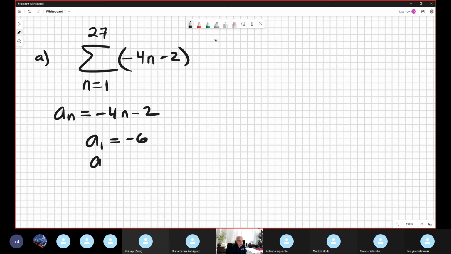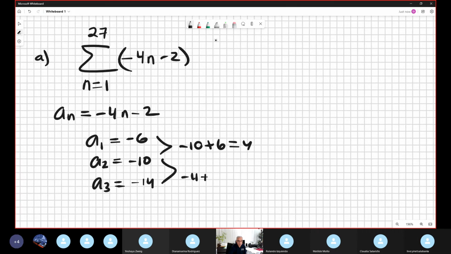For n equal 2, it's negative 10. For n equal 3, it's negative 14. When you subtract, negative 10 plus 6 is negative 4, and negative 14 plus 10 is negative 4. Negative 4, negative 4. The common difference is negative 4.